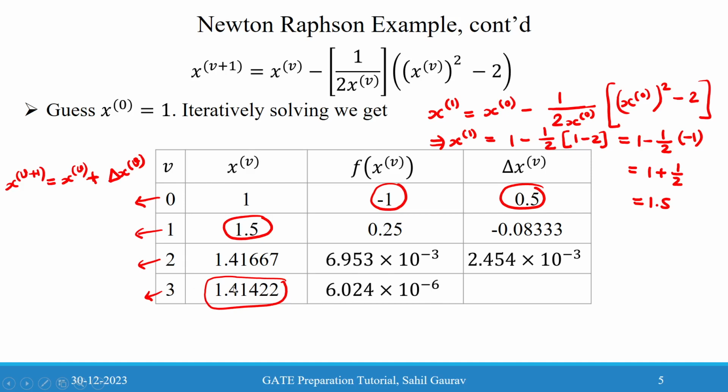So we may take this x value as the final solution if it comes within whatever tolerance limit is given. Final solution if tolerance is satisfied.